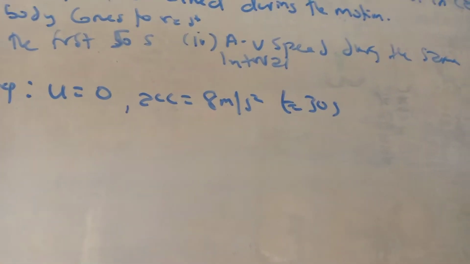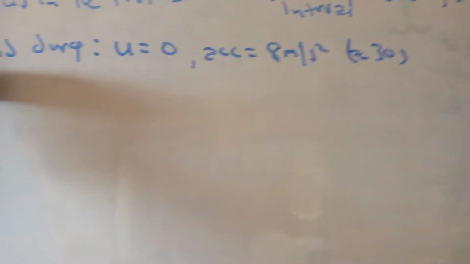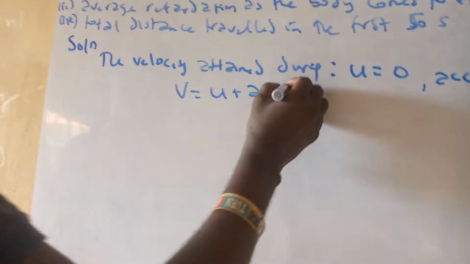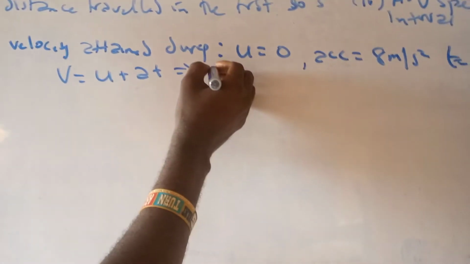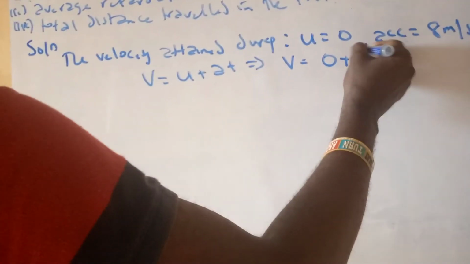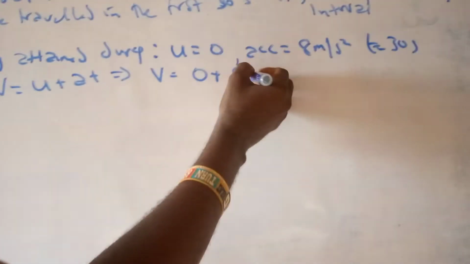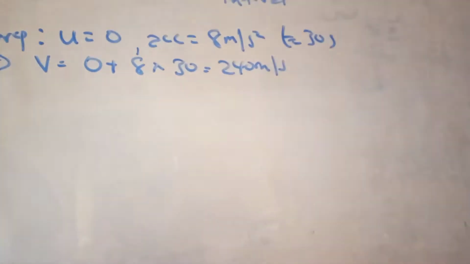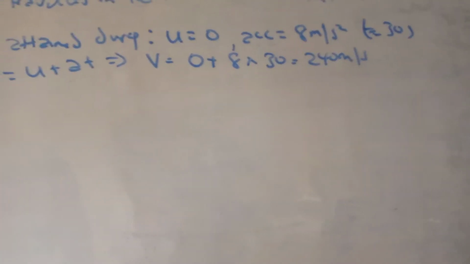We can use the first equation of motion, v equals u plus at. The final velocity is 0 plus 8 times 30, which gives us 240 meters per second. That's the first thing we were supposed to find.